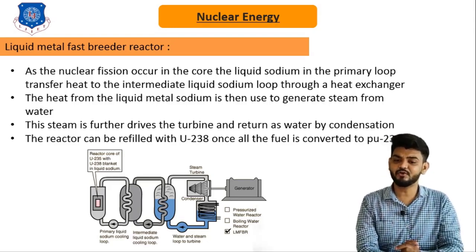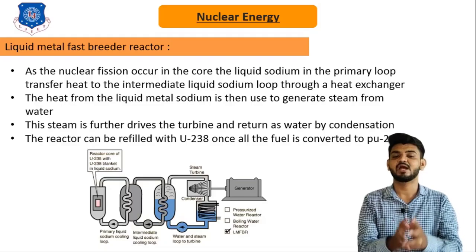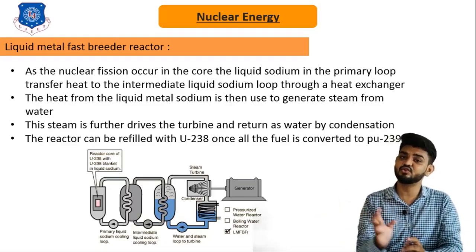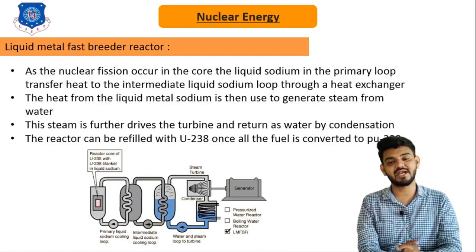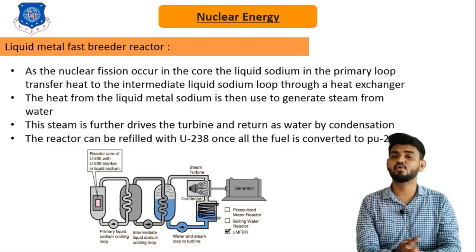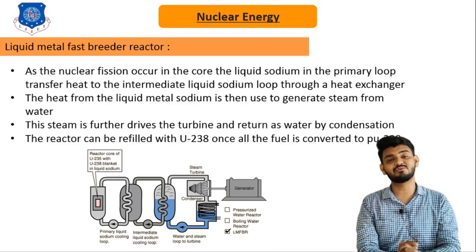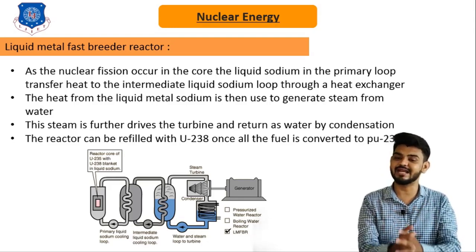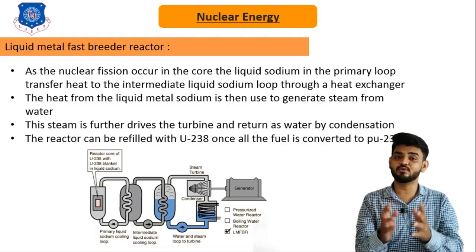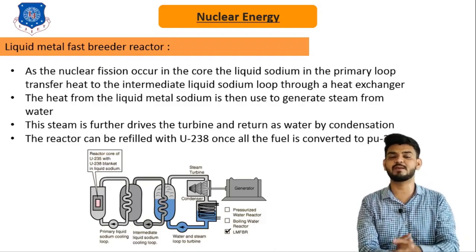The heat from this liquid metal sodium is then used to generate steam from the water. Here you can see that the steam is generated, and this steam is then sent to the turbine section to run the turbine and drive the generator in order to produce electricity. The reactor can be refilled with uranium-238 once all fuel is consumed.